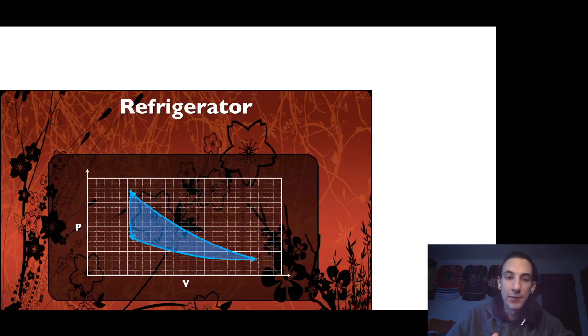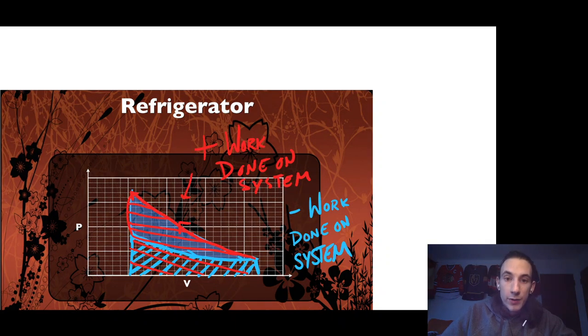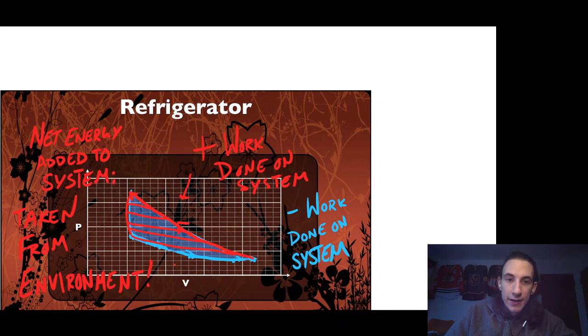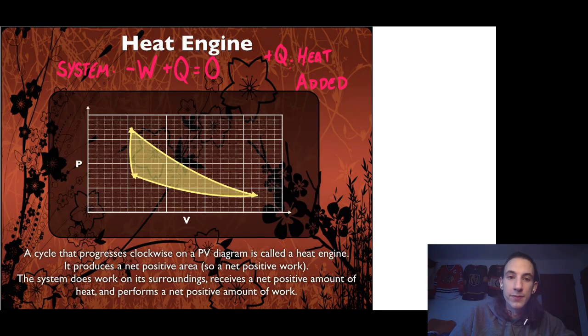If we look at the opposite, if we're going counterclockwise this time, we can look at the same idea, except this time the total work done on the system is positive. So overall, we have positive work done on our system.